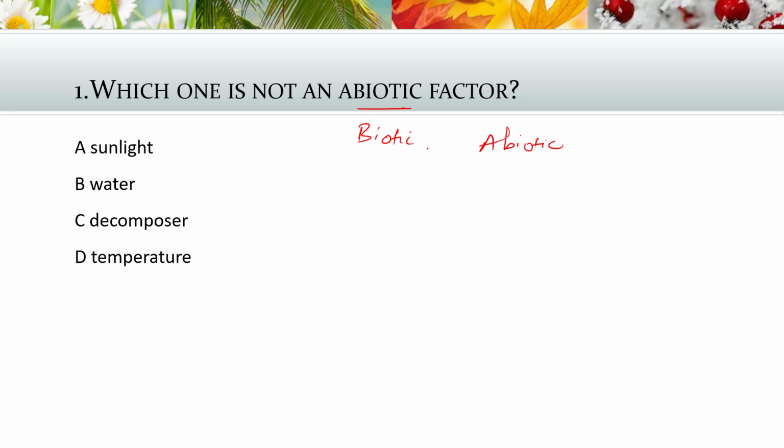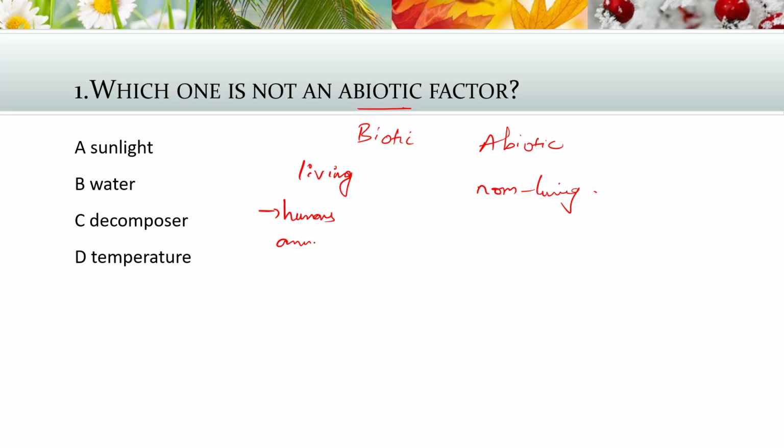You need to understand the meaning of abiotic factor. So that is the reason why I'm explaining this. Biotic factor means all the living things come under biotic, and abiotic means non-living things come under this. So what are the living things in the ecology? Maybe humans, right?